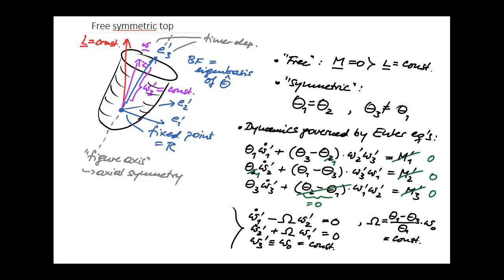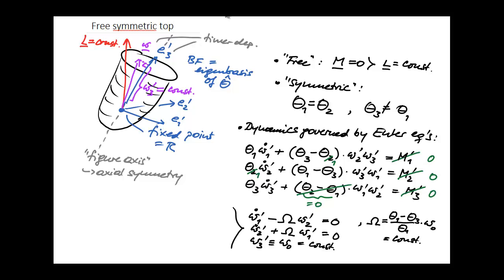From this point onwards, let's see if from the equations of motion we can distill other interesting consequences. We can learn other interesting facts about the motion of the free symmetric top.